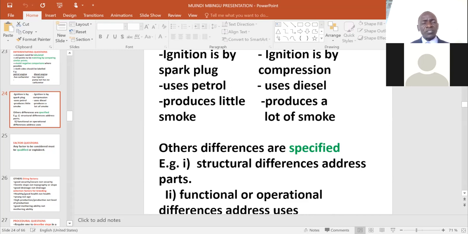The other functional difference could be in terms of efficacy or the grip. The ring spanner offers a firmer grip, while the adjustable spanner offers a less firm grip during work. That is functional.